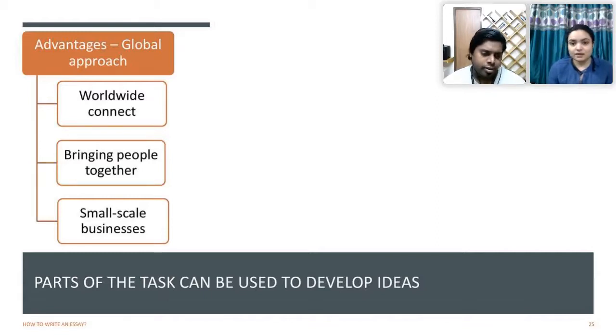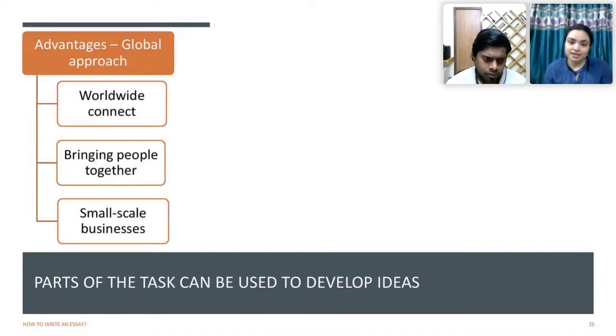Yes. It's important that at this stage, when you are coming up with a main idea for a paragraph that you're about to write, you not only take advantages as the main idea, but one key advantage that you will be able to support in your following ideas and sentences. In this case, you have advantages, and that key advantage is global approach.